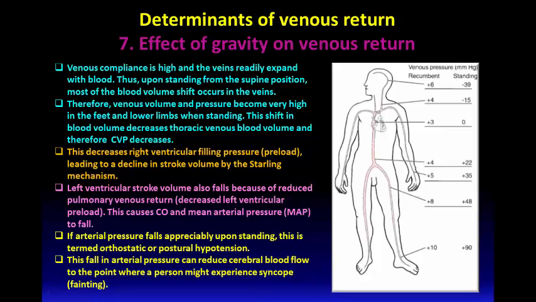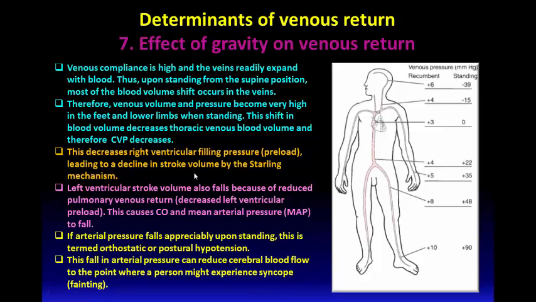This shift in blood volume decreases the thoracic venous blood volume, and therefore the central venous pressure decreases. The decrease in the central venous pressure decreases the right ventricular filling pressure. Hence, the right ventricular preload is decreased, and this leads to a decline in the stroke volume by the Starling mechanism.